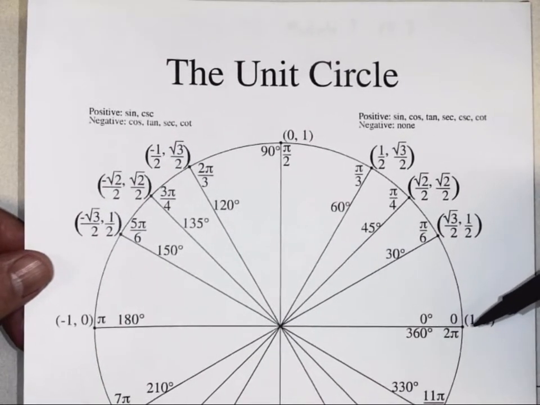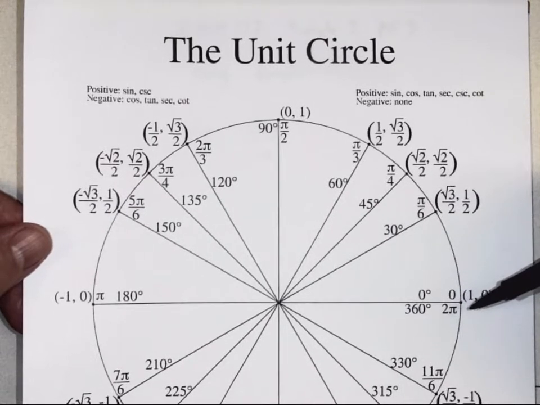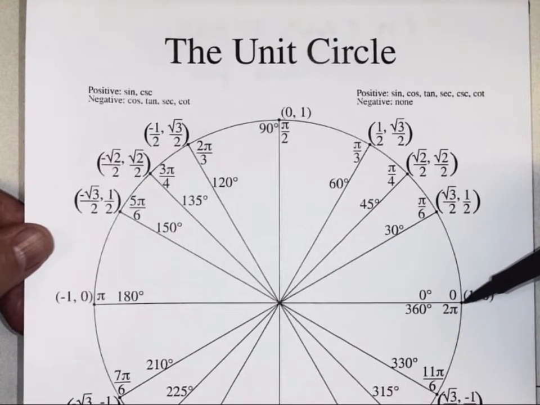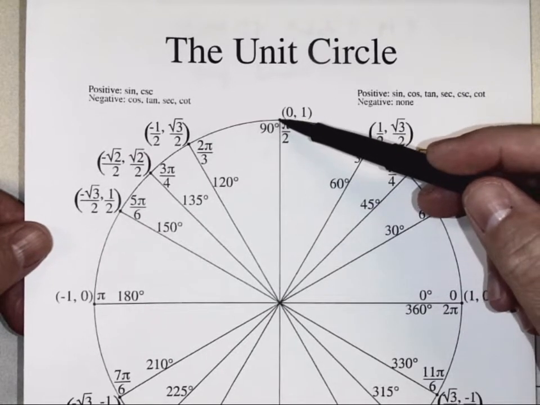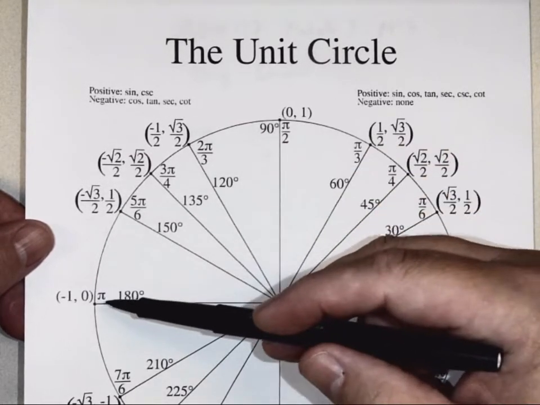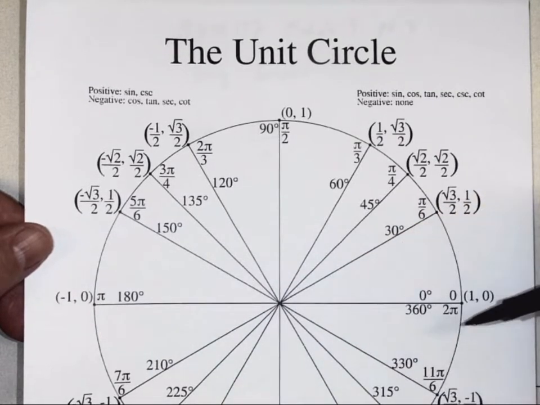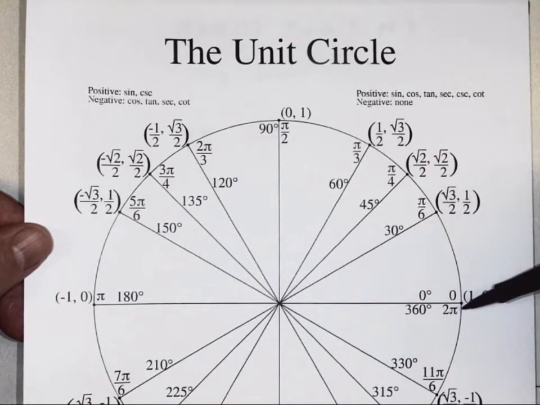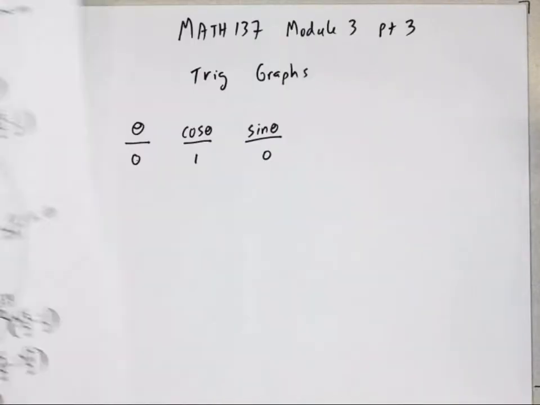I'm going to choose what I call the really simple major points. I'm going to start here at 0. Then I'm going to go to pi over 2, and then I'm going to go to pi, and then 3 pi over 2, and then up here to 2 pi. And then maybe for fun, I'll go around again and do a few more.